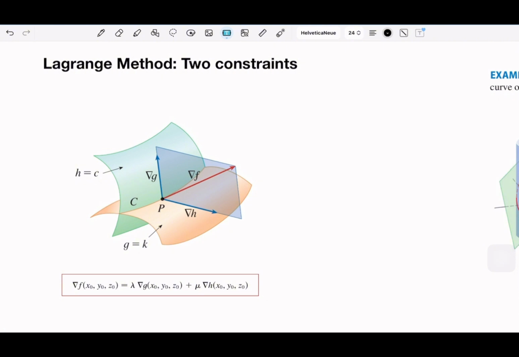Because of these two constraints, we have two Lagrange multipliers with different symbols. The first one, let's say we write lambda. The second one is mu. So we have two multipliers in the system of equations that we might need to solve.